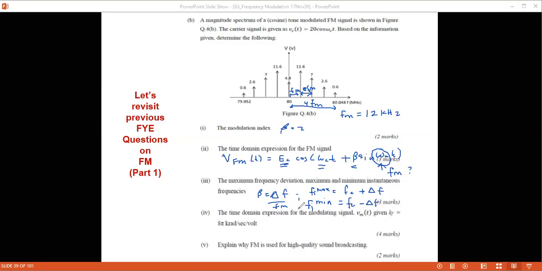Okay, so for this part, we know the general equation for Fm. We'll show the whiteboard first.